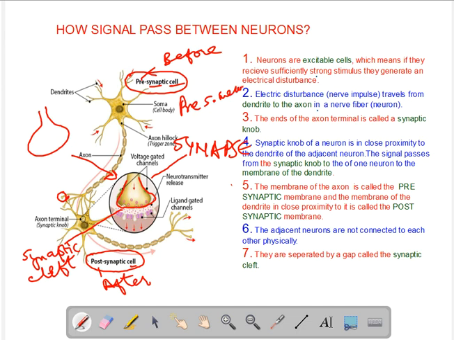And the membrane of the dendrite, the membrane that lies ahead of the cleft, is called the postsynaptic membrane. Now, so much for the diagram. Let's proceed further.